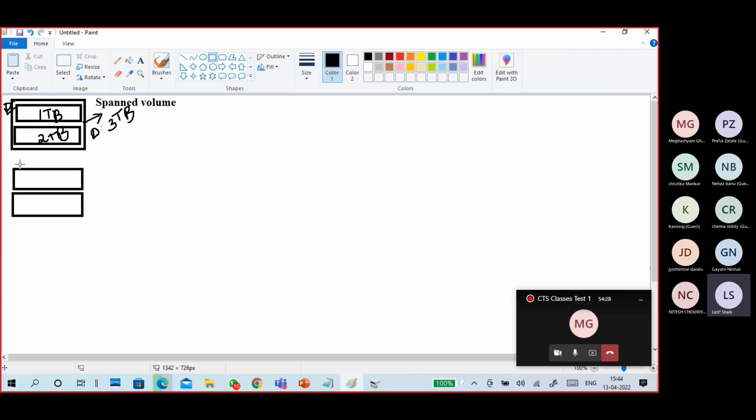This is my D drive again. I combine 2 disks, 1 terabyte and 1 terabyte. Compulsorily, both disks must have the same space.